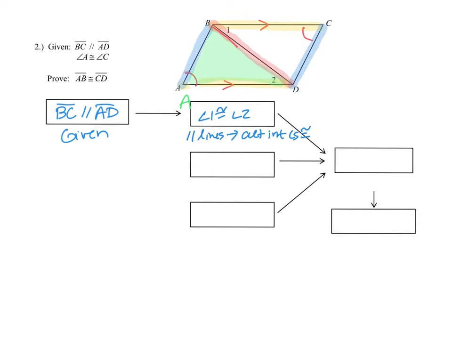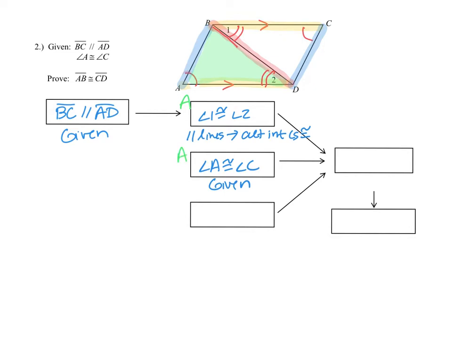Now let's go use that second piece of given information, that angle A is congruent to angle C. Okay, that was given to us. All right, we've already marked it on. Oh, you know what? Let's go back. Since we've proven angle 1 congruent to angle 2, let's go ahead and mark that. We've already marked that angle A is congruent to angle C, so that gives us a second pair of angles congruent.